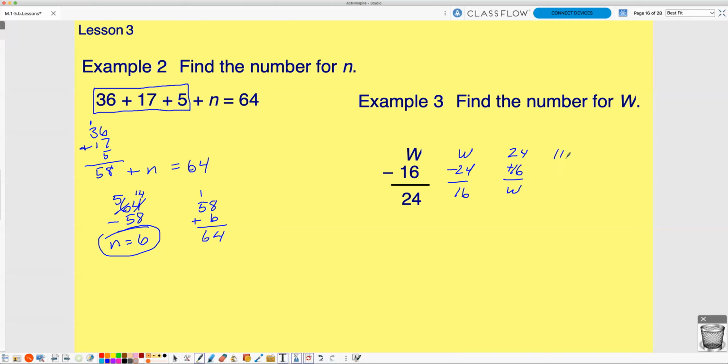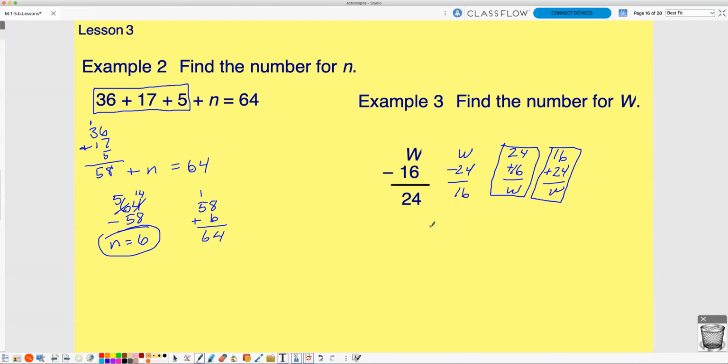And you could also have 16 plus 24 equals w. So in that case, you end up having two problems that would work. Whichever one you choose doesn't matter.